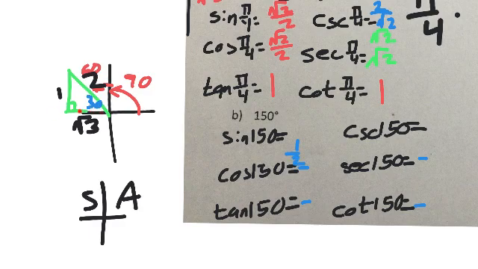Cosine is the adjacent over the hypotenuse, so that's negative radical 3 over 2. Tangent is the opposite over the adjacent, so that's negative 1 over radical 3. If you put that in your calculator, it should rationalize it for you to negative radical 3 over 3.